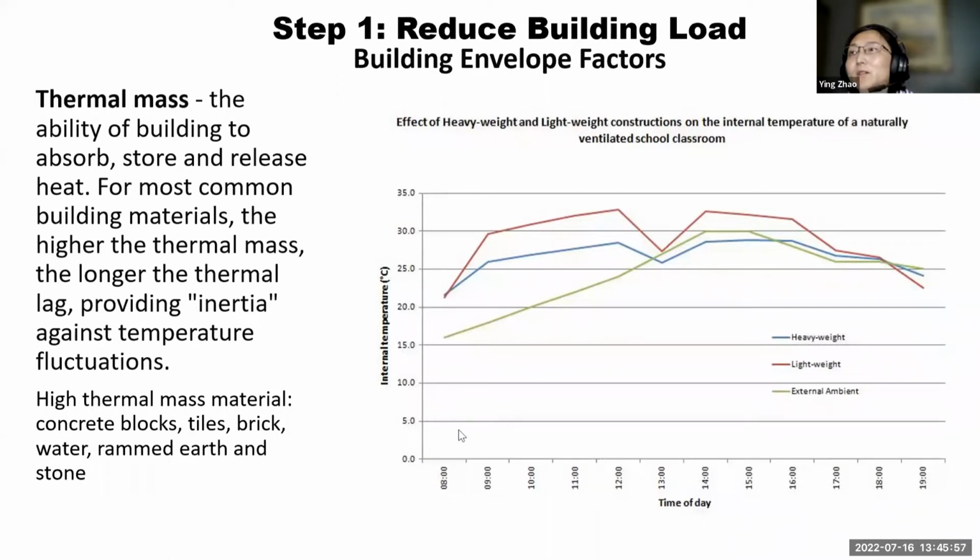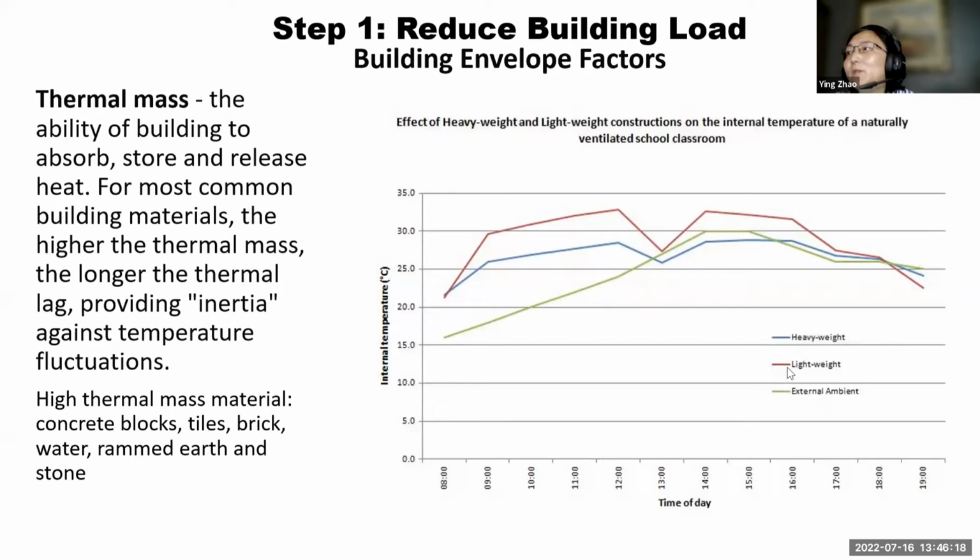As shown in this chart, the green line is the external ambient temperature. You can see with a heavy weight building, which is a building with thermal mass, the indoor temperature is most stable.